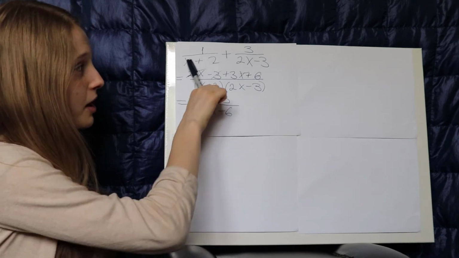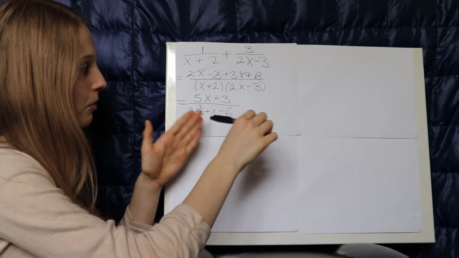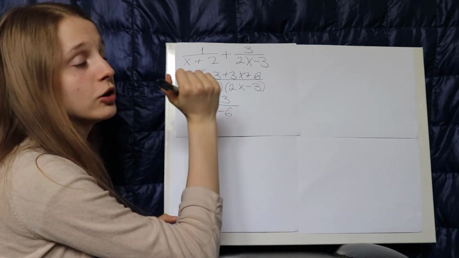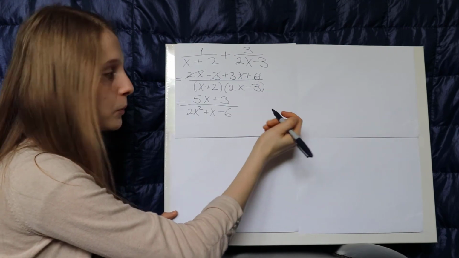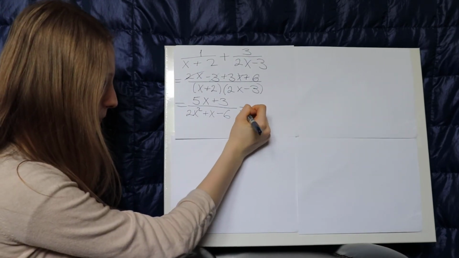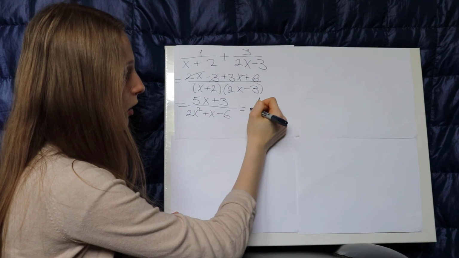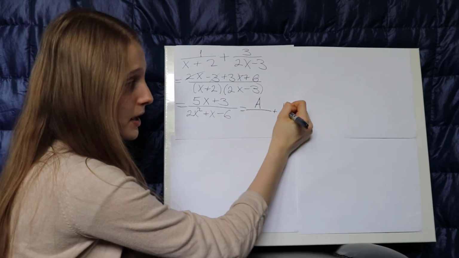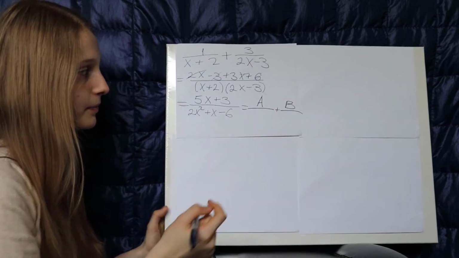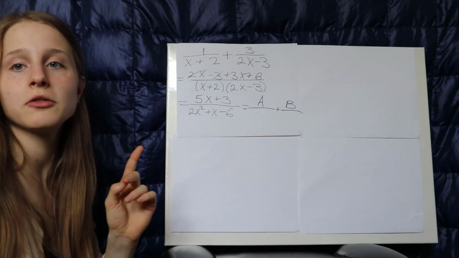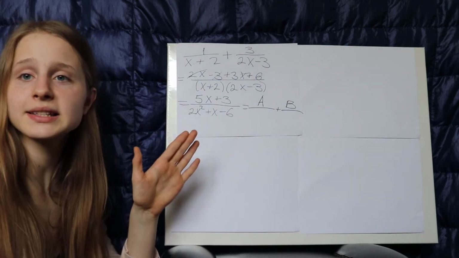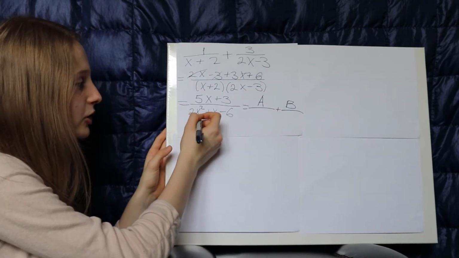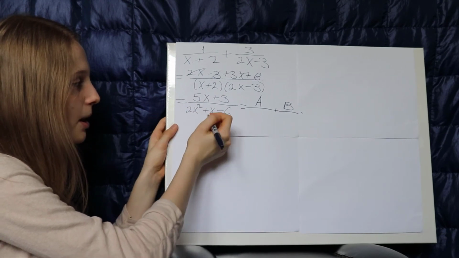So let's say we didn't know about this and we just wanted to go back. So we know for sure that it would be in this form. It would be a over something plus b over something. What that something is, we can figure out right now. That something is actually the factored terms of the denominator.